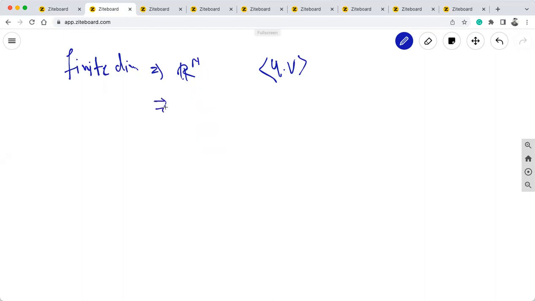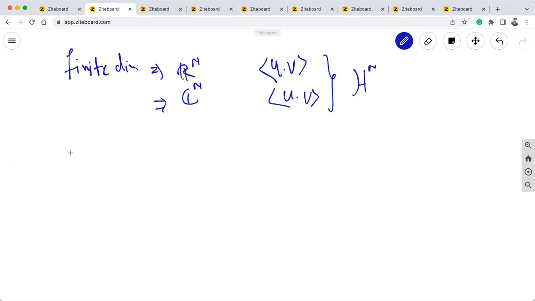You may also have the set of complex numbers, an n-dimensional complex vector space, Cn, and here you can have an inner product of u and v, where you multiply u with the complex conjugate of v to get the result, which is an element of C. So these are n-dimensional vector spaces, and they are finite dimensional Hilbert spaces as well. You can represent them as H or Hn.